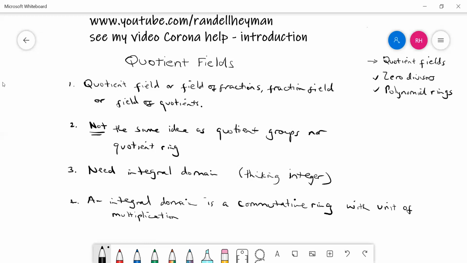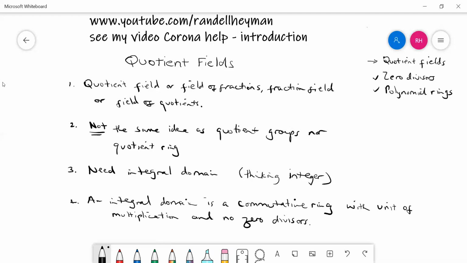So we have to have a unit of multiplication, and so it's a commutative ring with unit and no zero divisors. It's important that there's no zero divisors, and that is an integral domain.